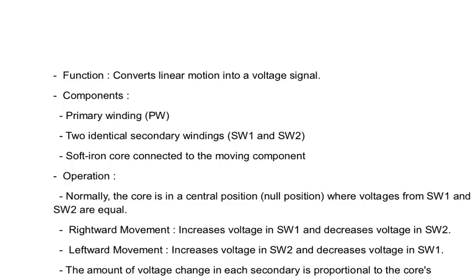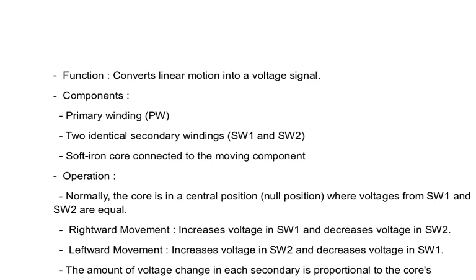Coming to the function, it converts a linear motion into a voltage signal. The components used here are a primary winding, two identical secondary windings SW1 and SW2, and a soft iron core connected to a moving component. In operation, normally the core is in a central position where the voltages in SW1 and SW2 are equal.